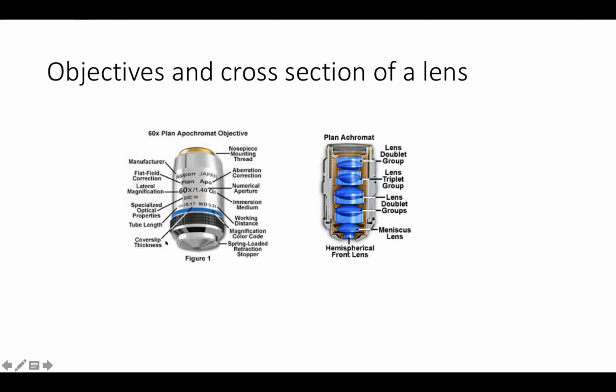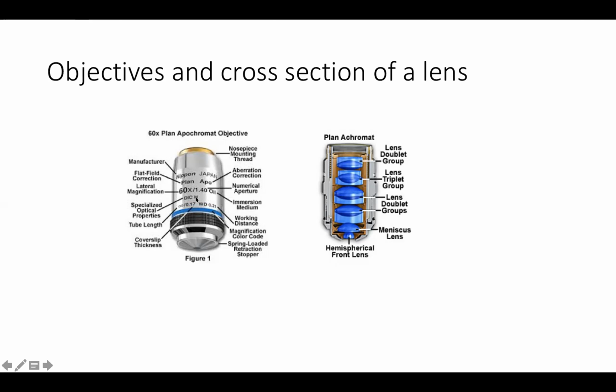Okay, so when you look at the objective, there are a few different things written on them. For example, it says over here it's plan apo, which essentially means it's corrected for flat fields. It's also corrected for aberrations, and there could be different kinds of aberrations, which is a topic of a different discussion itself. You have a 60x objective, it's 1.4, and this is the key number, which is the numerical aperture.